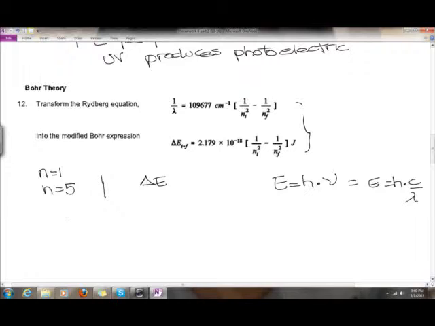If you plug in 1 over lambda, you would have the difference in energy. Let's just plug in the values.